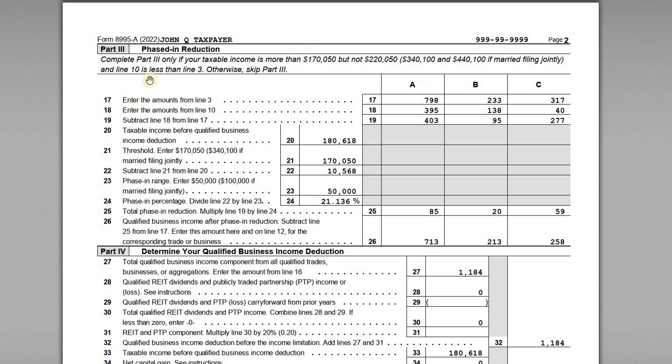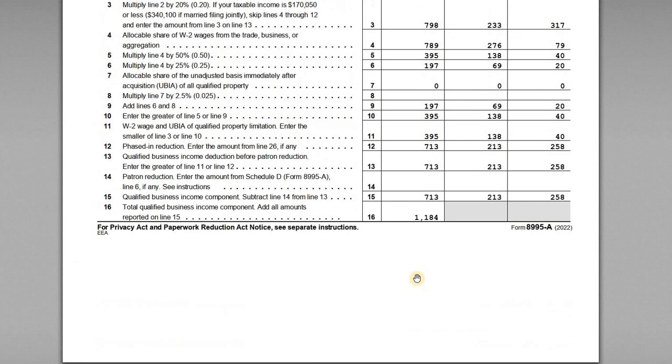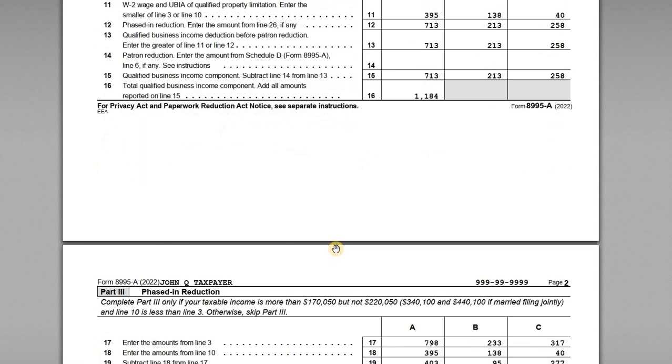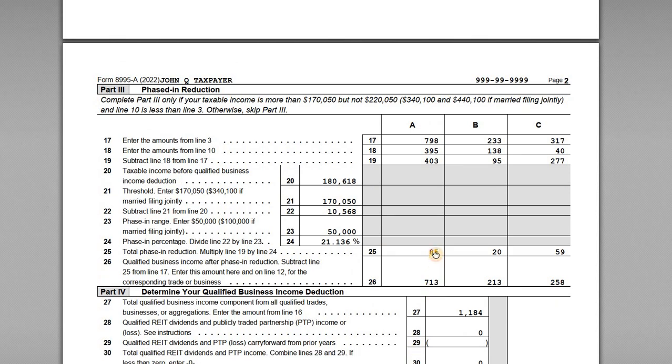And line 10 is going to be less than line 3. So if I move up here, line 10 amount for column A, for example, 395. Line 3 is 798. So because line 10 is less than line 3, and the same applies for all of these here, we can complete Part 3 for the phased-in reduction.